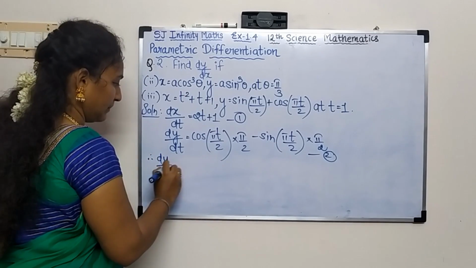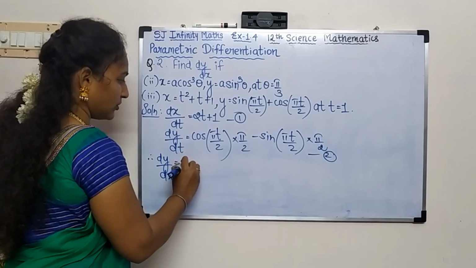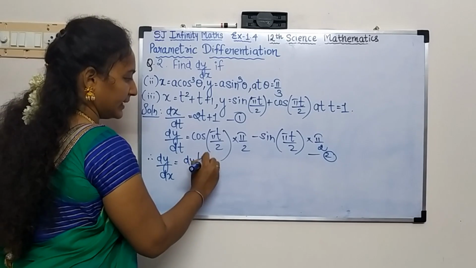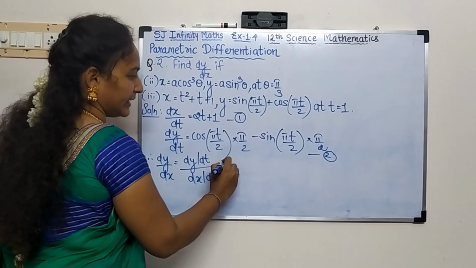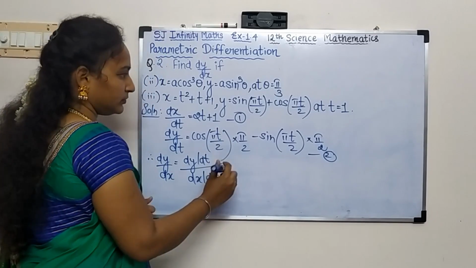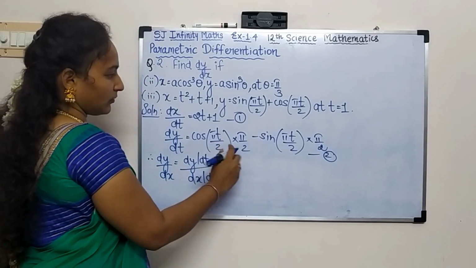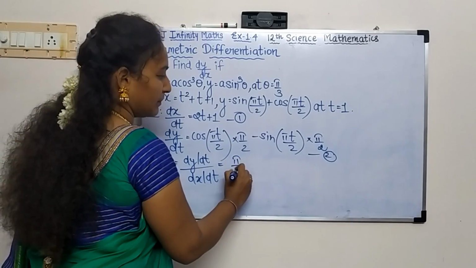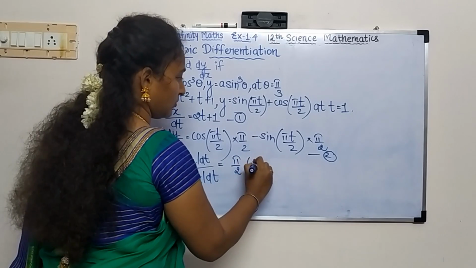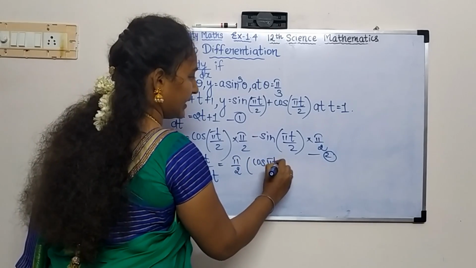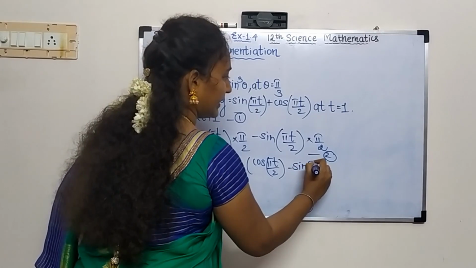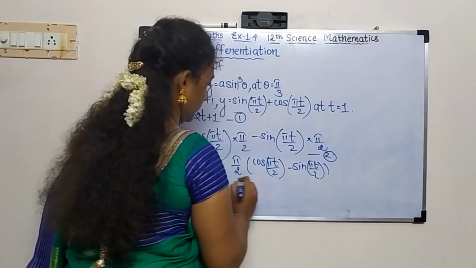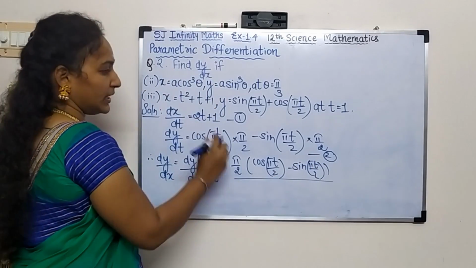Therefore, dy by dx is equal to dy by dt upon dx by dt. This is equal to, we have a pi by 2 common. So we have pi by 2 into cos pi t upon 2 minus sin pi t upon 2 divided by 2t plus 1.